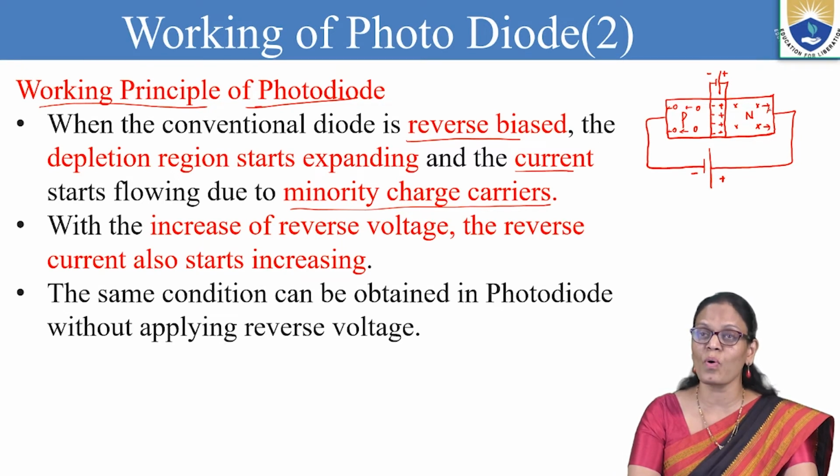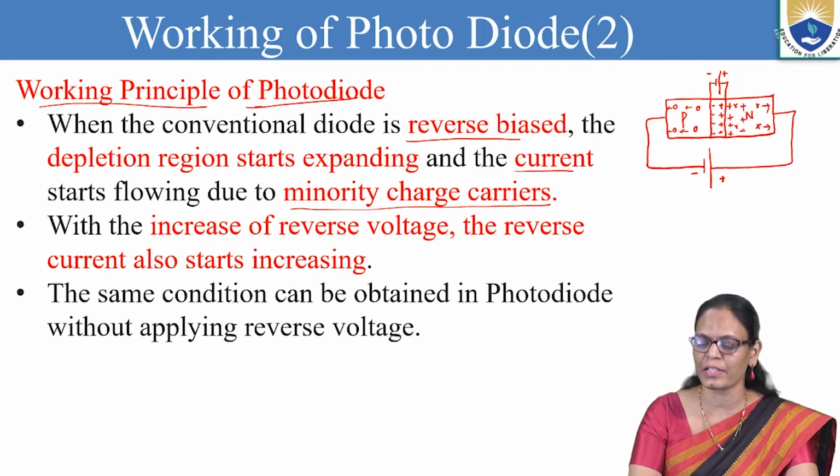As more and more electrons move away from the junction, more and more positive ions are created. So the depletion layer width keeps on increasing.